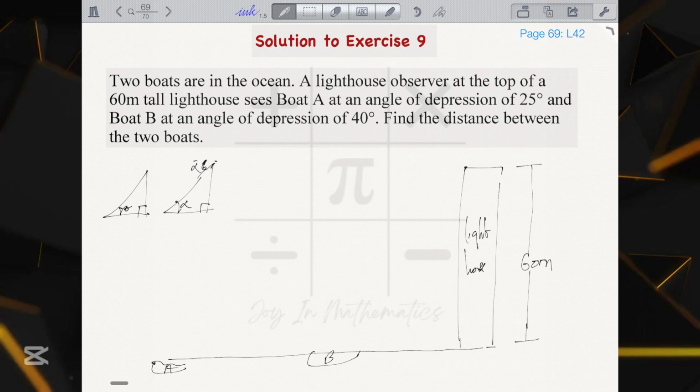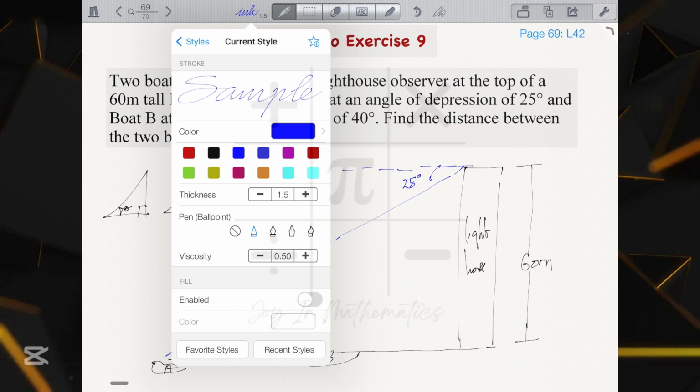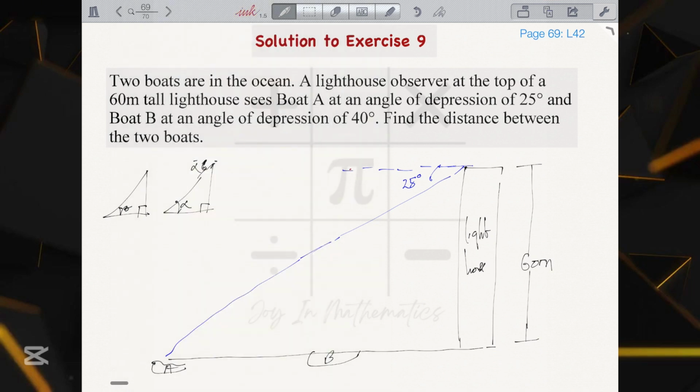So boat A is at an angle of depression of 25 degrees. So now the lighthouse observer is watching from this point. This is the point of view, and he is watching boat A. He sees boat A at an angle of 25 degrees, and he also sees boat B at an angle of 40 degrees.